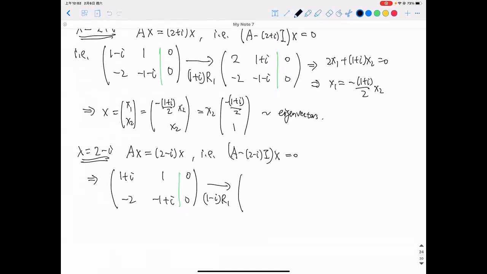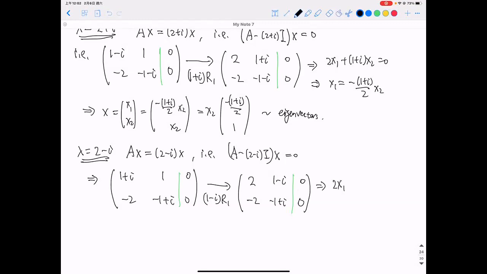That gives 1 plus i times 1 minus i, which is again 2 here, and 1 minus i, then minus 2, minus 1 plus i. Again these two rows give you the same equation because they differ by a factor of minus 1.